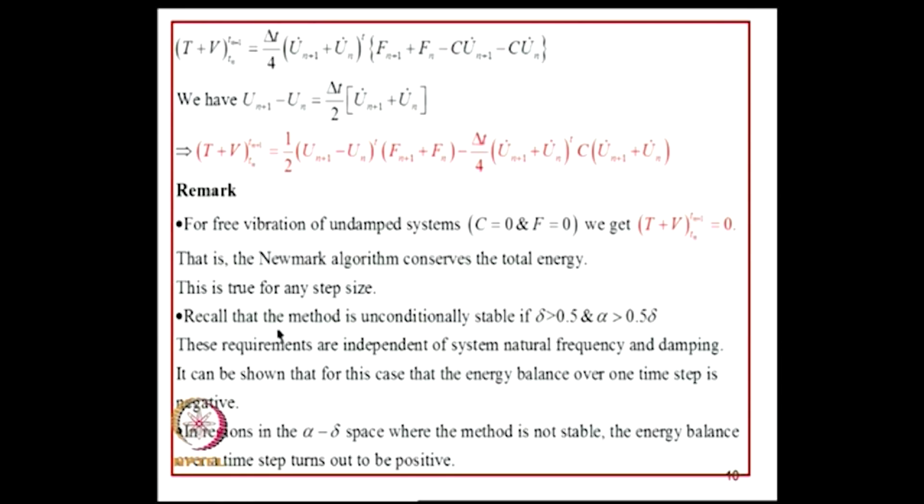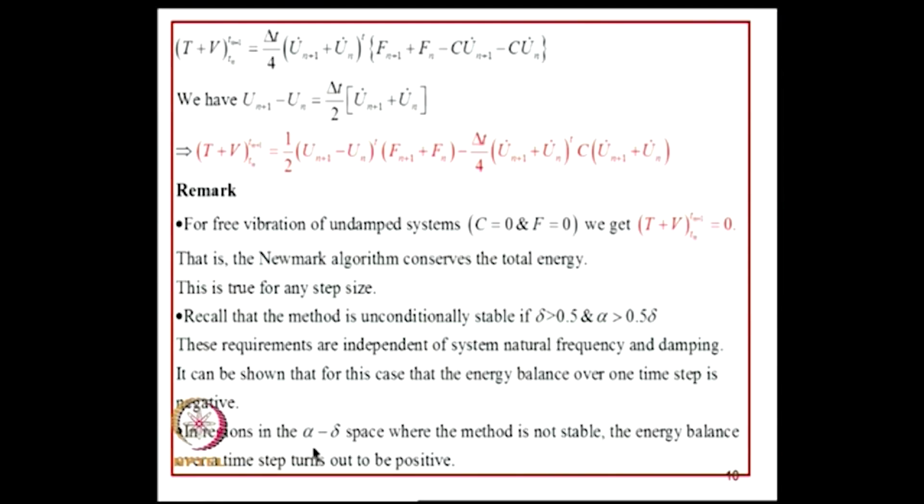Now, we have seen that the method is unconditionally stable if this condition is satisfied. These requirements are independent of system natural frequency and damping, that also we have seen. We can show that for this case the energy balance over one time step is negative, in general when there is damping as well as forcing.